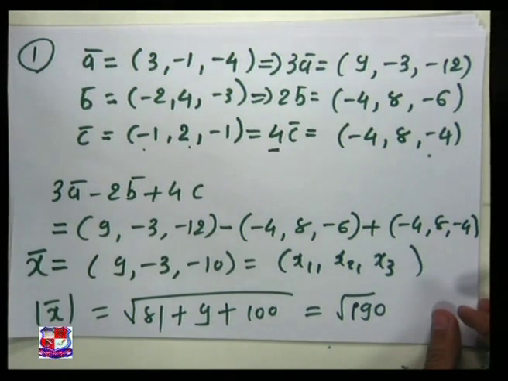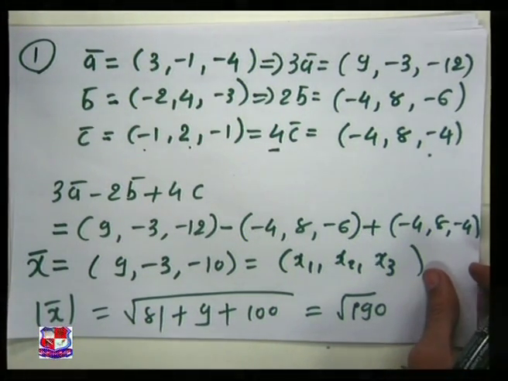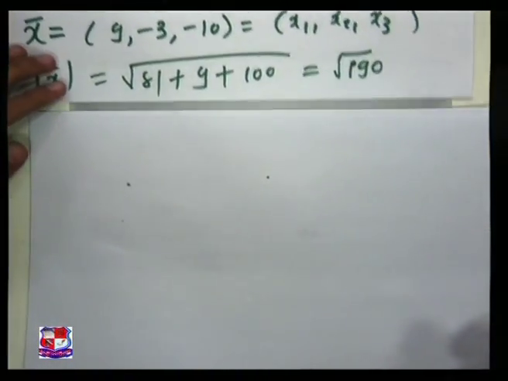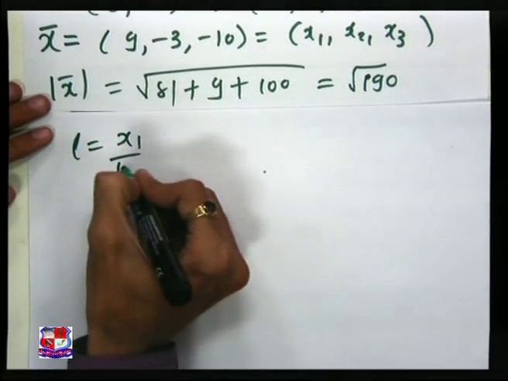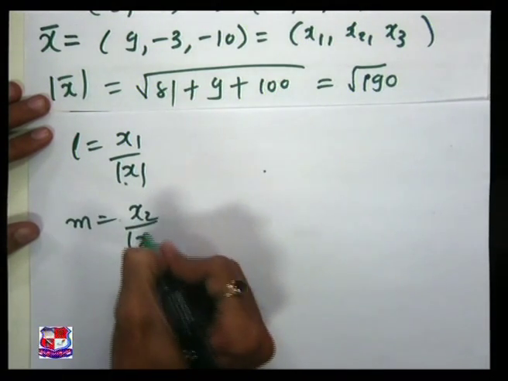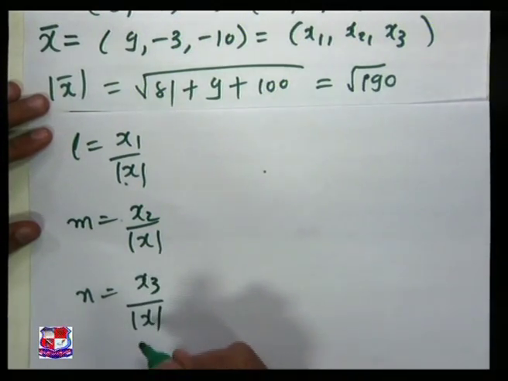Okay, so now we all know that direction cosines l, m, n are given by l is equal to x1 upon mod x, m is equal to x2 by mod x, and n is equal to x3 by mod x, right?